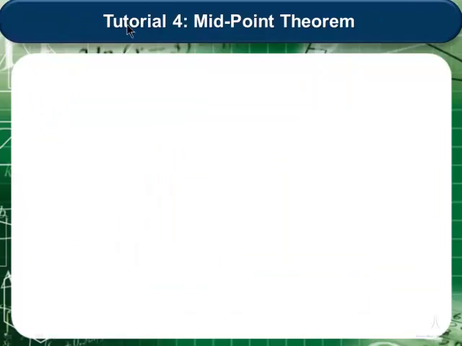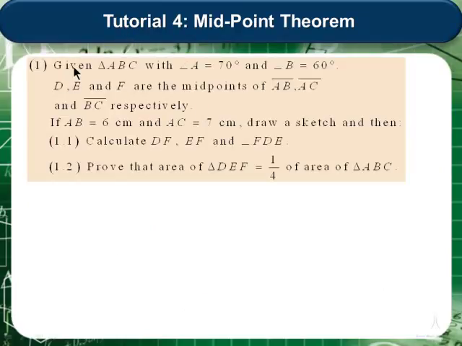You are now in a position to tackle tutorial 4, which deals with the midpoint theorem. So you are given a triangle ABC with angle A equal to 70 degrees, B equal to 60 degrees, and D, E and F the midpoints of line segments AB, AC and BC respectively.